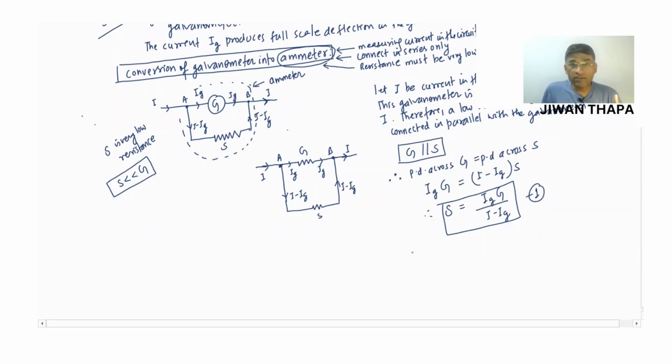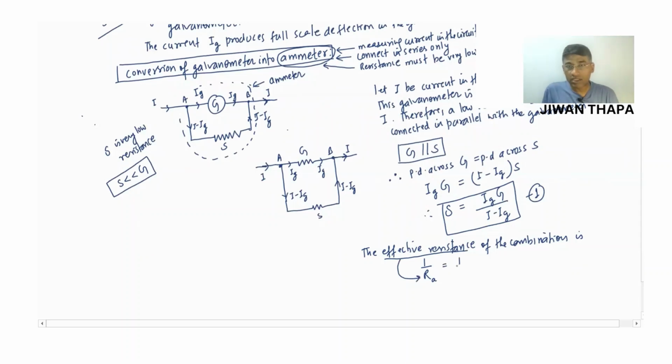Now, the effective resistance of this combination. So I'm writing over here the effective resistance of the combination. Since galvanometer and shunt are parallel, we write in this way: 1 by RA. Why RA? Because we are converting galvanometer into ammeter, so this is the effective resistance. So keep in mind this is the effective resistance.